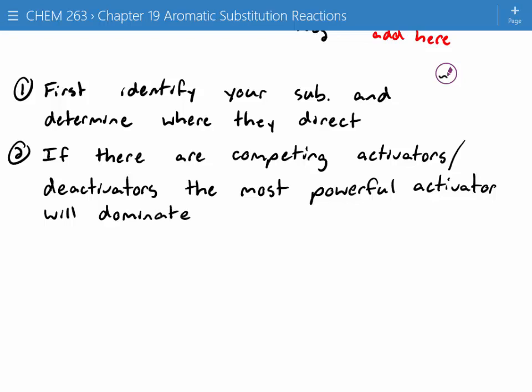And this is because electrophilic aromatic substitution always involves a nucleophilic attack from the ring. And so if you have a group strongly donating electrons, that's going to be the strongest influence on the reaction itself.